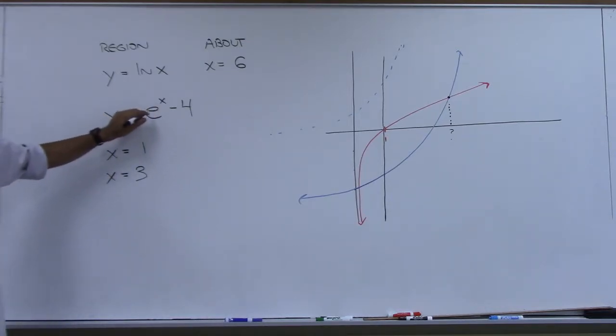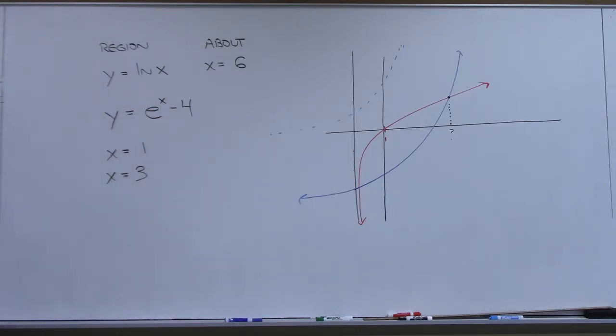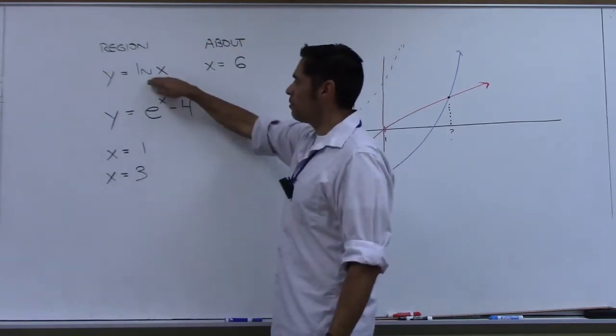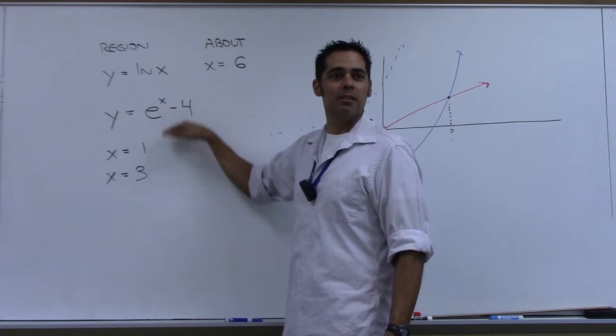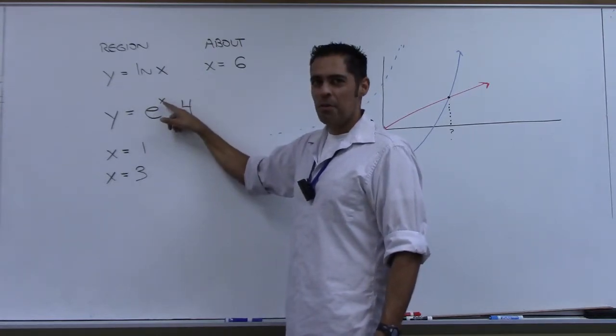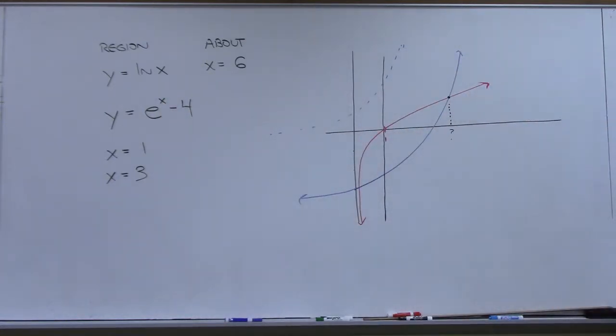What do I get when I plug 3 into this? It's e to the 3rd power minus 4. What's natural log of 3? What's bigger, natural log of 3 or e to the 3 minus 4? We'll check on your calculator then. E to the 3 minus 4 is bigger?